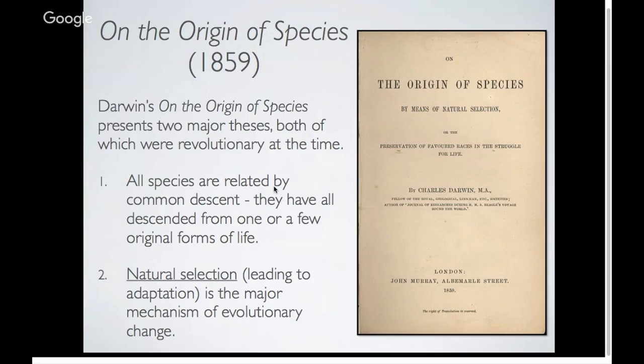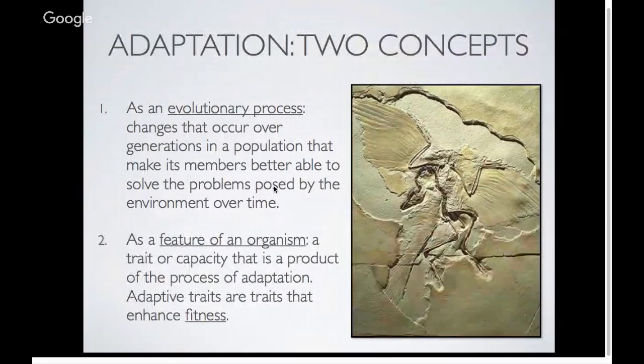The publication of this book and the extended argument in it and the overwhelming evidence that he included in it had the remarkable effect of convincing practically the entire biological community that evolution had actually happened by the time 1900 rolled around. So it's really kind of impossible to overstate what a revolution of thinking this was. And this is something that we can owe to Darwin's hard work.